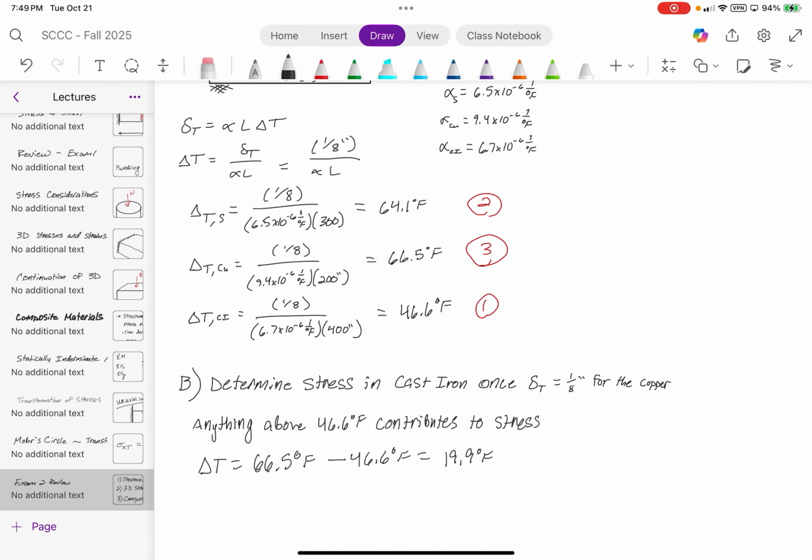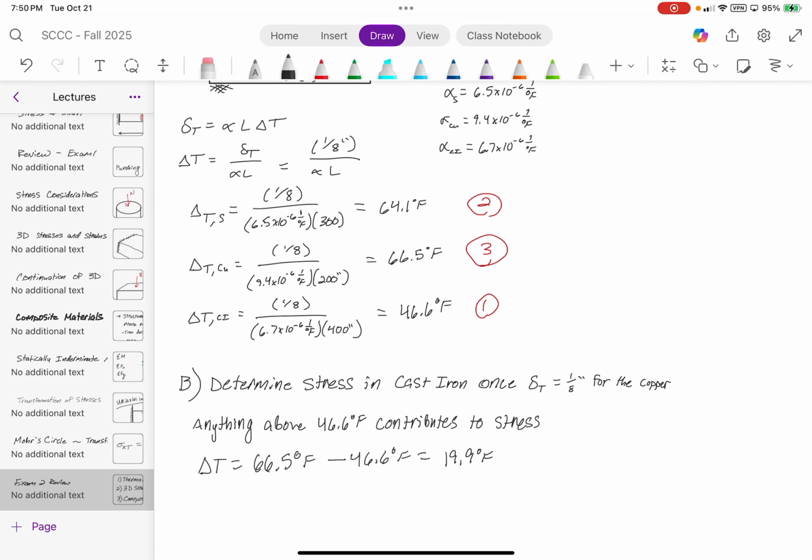So, the 46.6 is what is needed to close the cast iron gap, right? And that's from 0 degrees. So, if you were to increase anything above that 46.6 degrees, then it would be stress developing because it can't deform anymore.